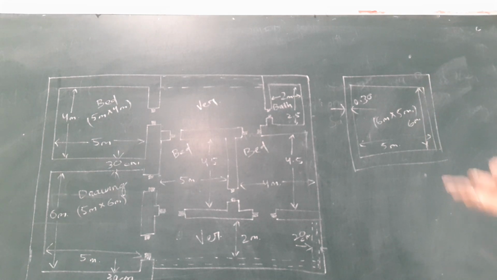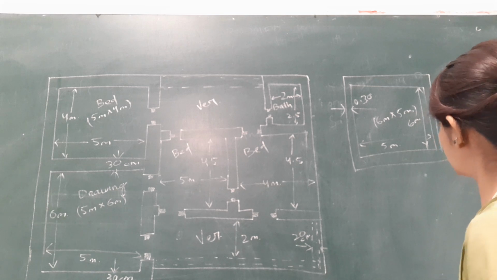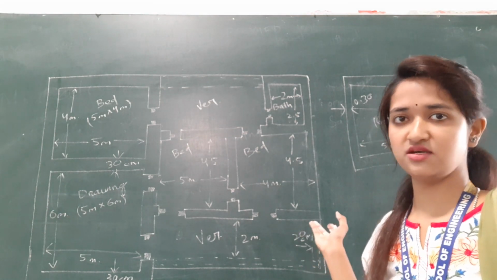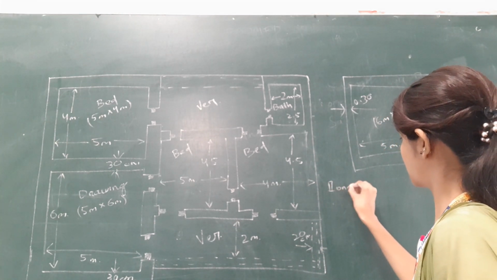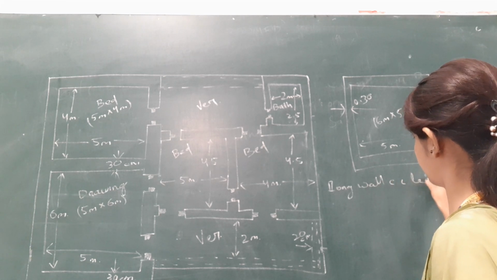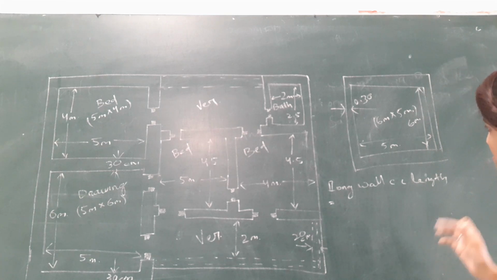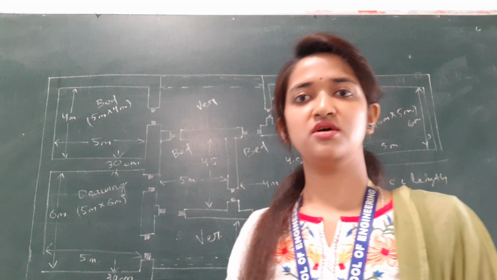For this room, the 6 meter length is the long wall and the 5 meter length is the short wall. So for the long wall, the center to center length equals, see, this is a wall of 0.30 thickness.